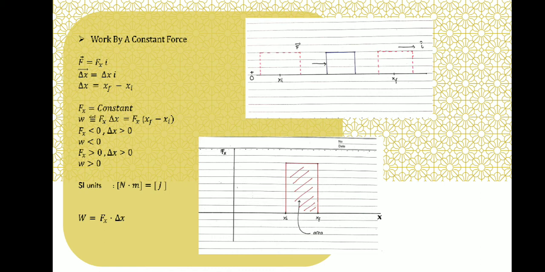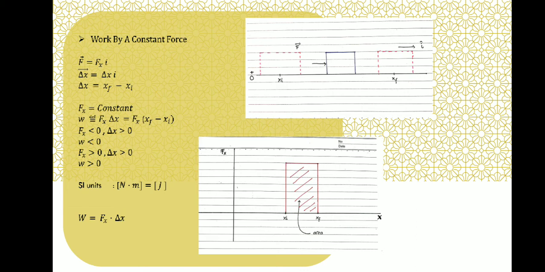The displacement of the object is delta x i hat. So the displacement is delta x equals xf minus xi.